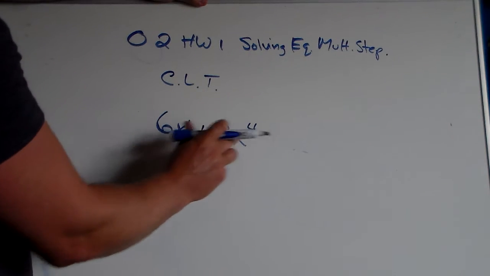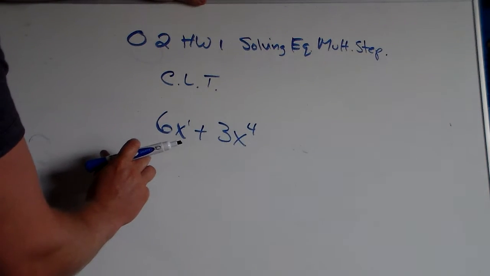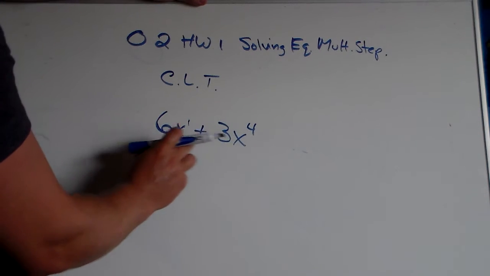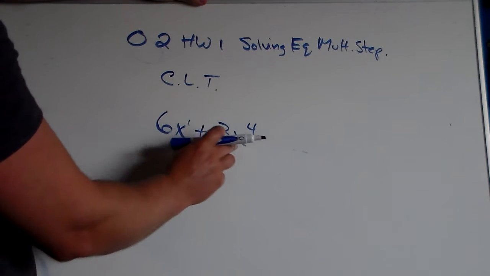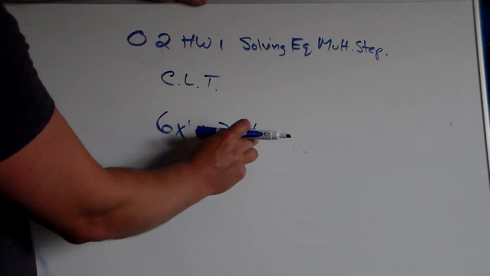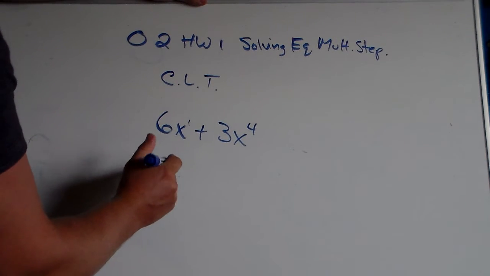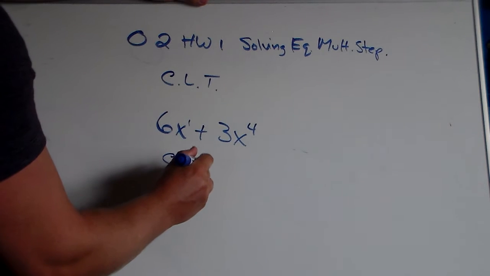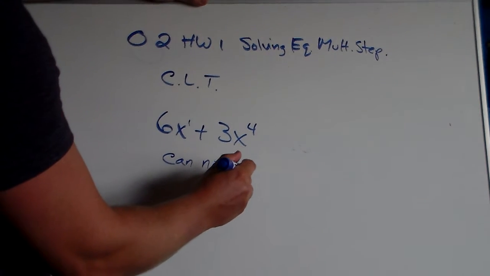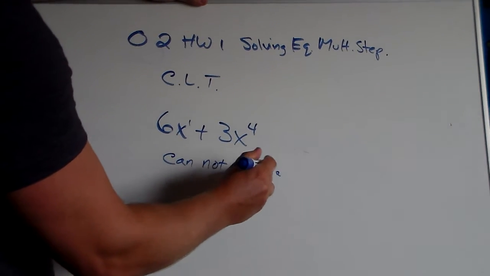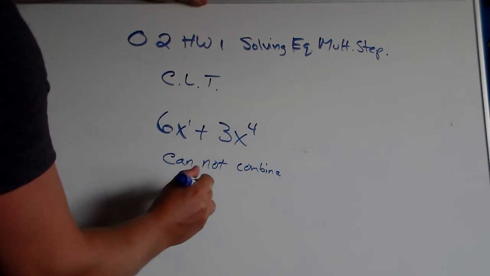When there's two different powers, or two different exponents, even though they're the same letter, or the same symbol, they're not exactly the same because they have two different powers. So we cannot combine the terms.